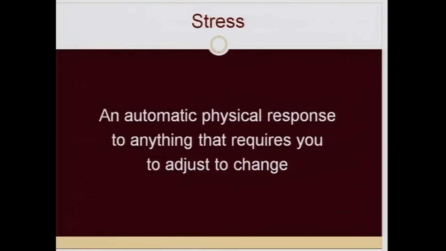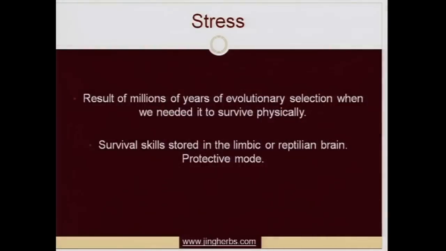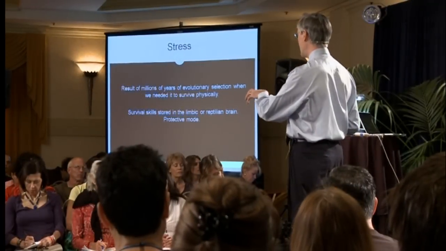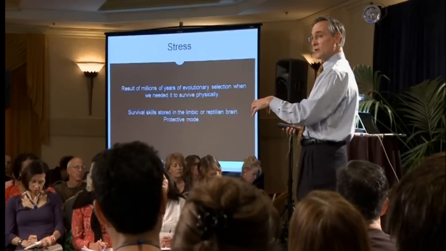Now, this is actually the result of millions and millions of years of selection. When we existed in that primordial soup that we all came out of, single cells can actually change and morph if they experience stress. In Petri dishes, they have shown that if you put a nutrient in the dish, the cells will gravitate toward it.